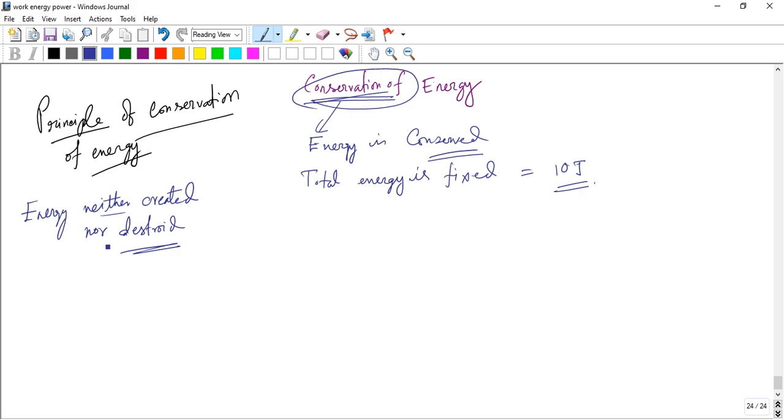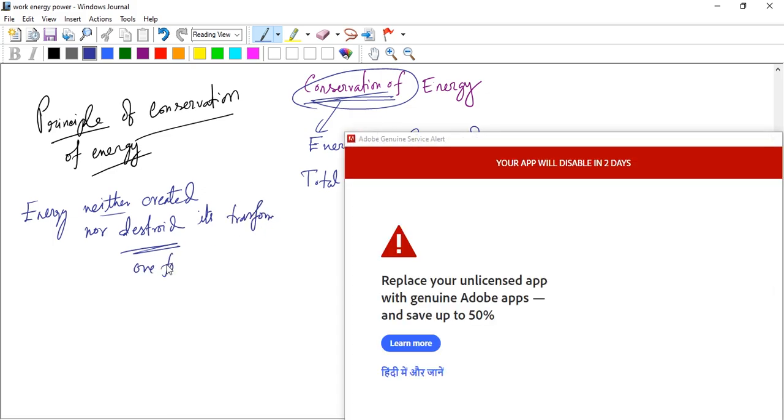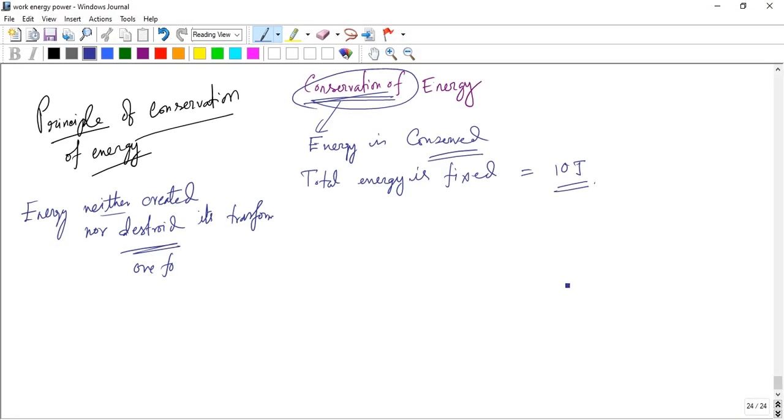It transforms from one form to another. That's the conservation of energy principle.